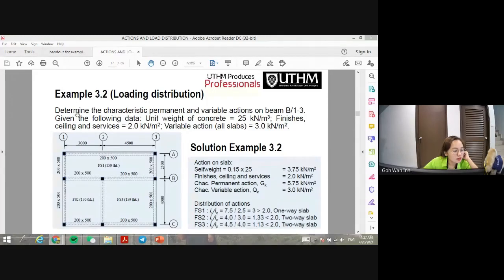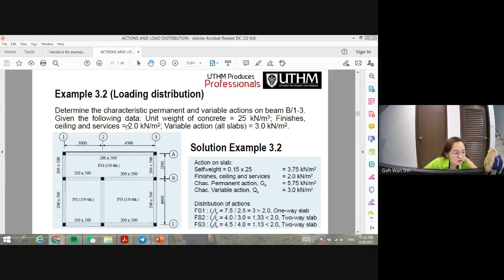So you determine the characteristic, permanent, and variable action on beam B13. So you need to double check which beam you need to use. Okay. So beam B13 is this B and 1 to 3. So you need to calculate for this beam. Okay. So given the following data, the unit weight of concrete is 25 kilonewton per meter cube.